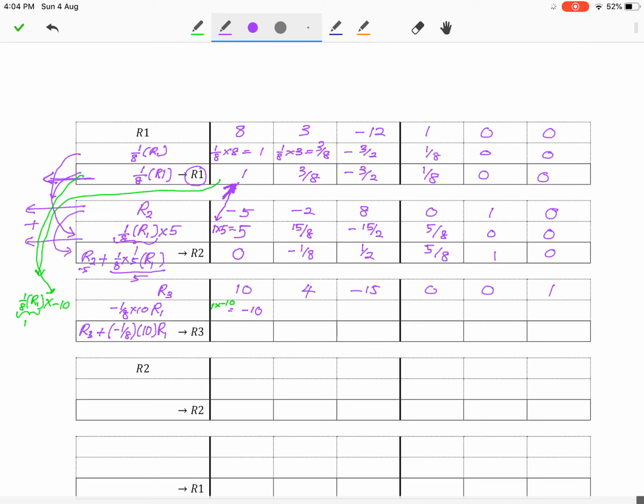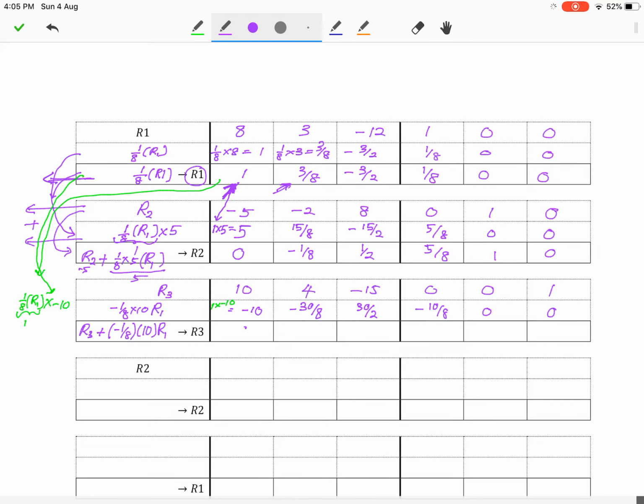Okay, so we're going to have 1 multiplied by negative 10, we get negative 10, then 3 over 8 here, multiplied by negative 10 will give me negative 30 over 8. So this one is going to be negative 30 over 8, which is negative 15 over 4. Then this one is negative 10 over 8 and 0 and 0.